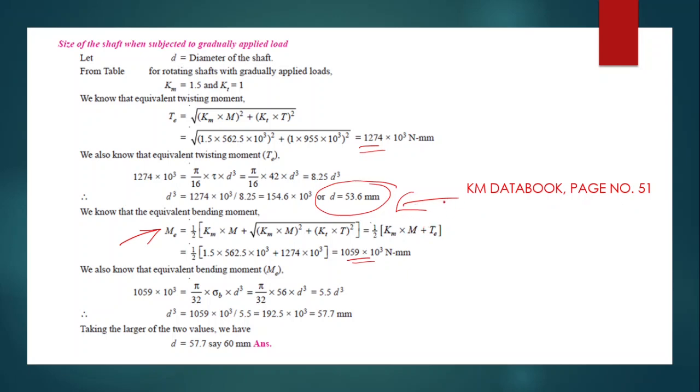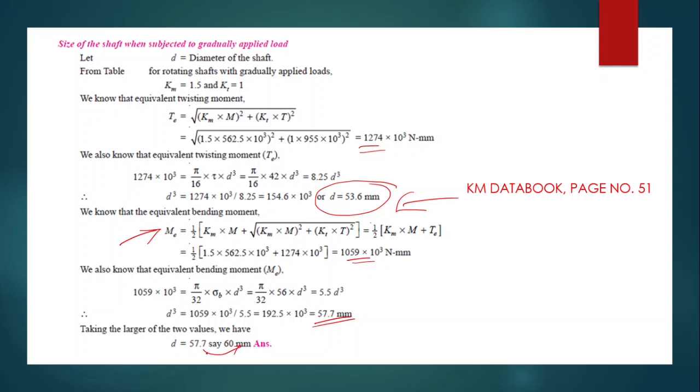Finally, the value of D must be the same in all cases. By equating these two values we can easily calculate D, and that D is equal to 57.7. While comparing these two values of D, we take the maximum value, that is 57.7, or we can say that the value of D is equal to 60 mm.